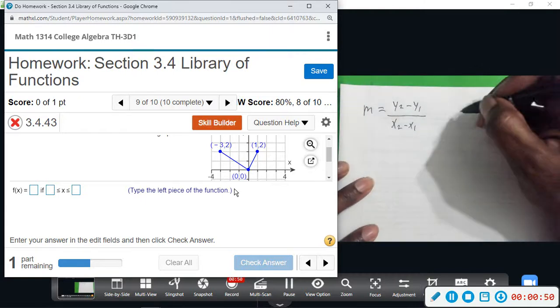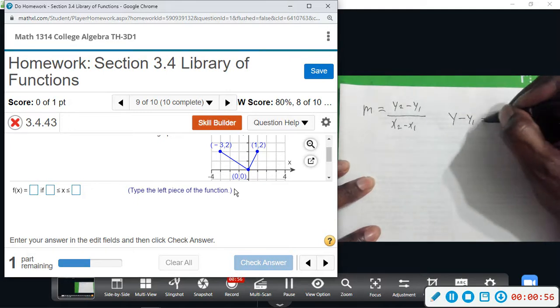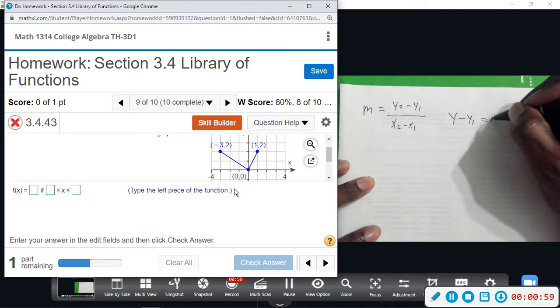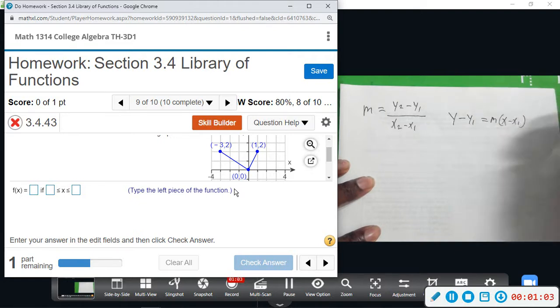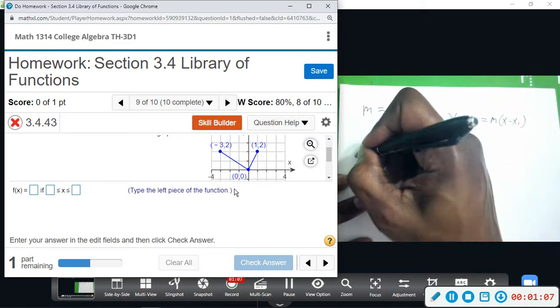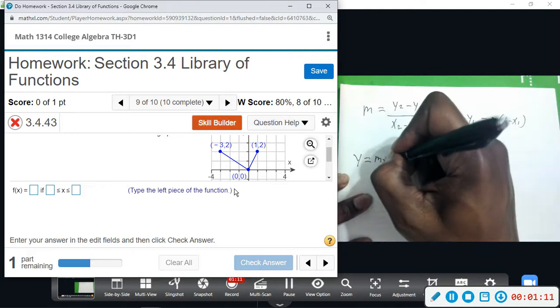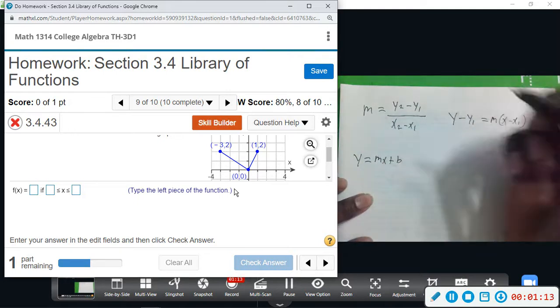And then once you do that, you can use point slope form of equation: y minus y1, one of those points, equals m times x minus x1. And then you can convert that to be slope-intercept form, y equals mx plus b.